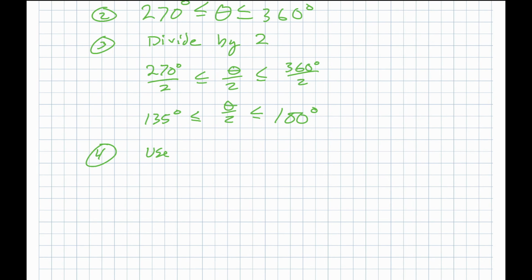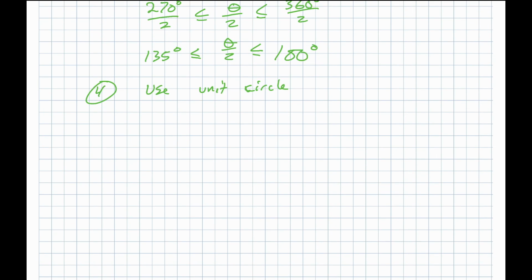So then you use the unit circle using what we already talked about, right? Like this is 0, 90, 180, 270, and then back to 360. If you're between 135 and 180, well, 180 is here. Where's 135? 135 is in between 90 and 180.